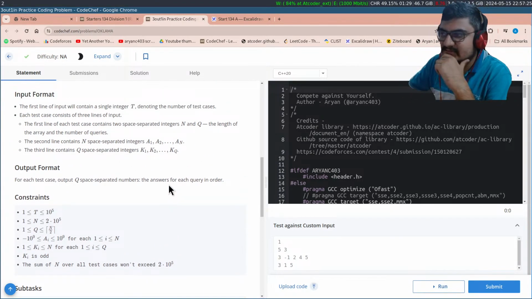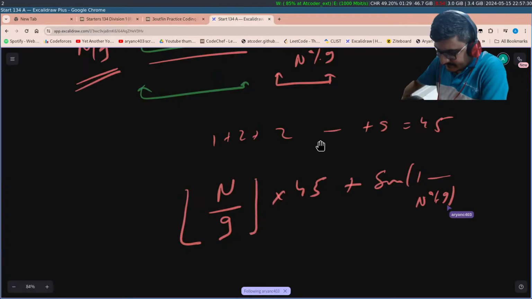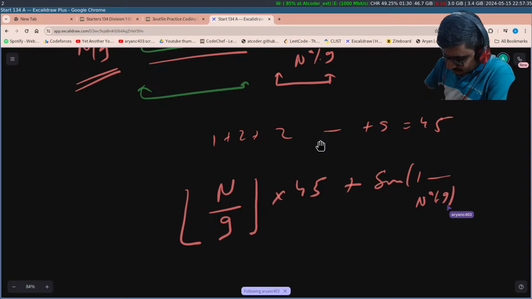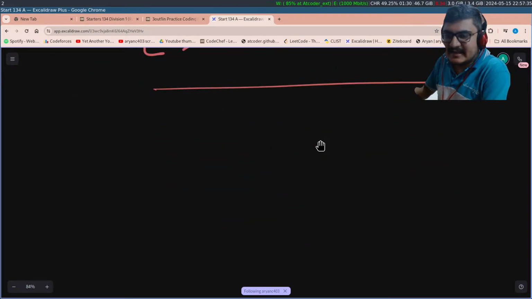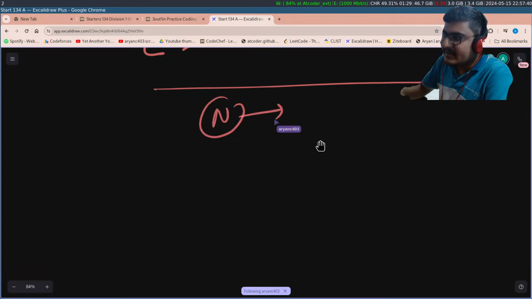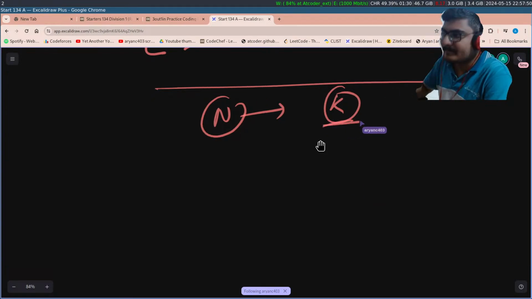So essentially, one thing to notice here was, let's first say that we have n elements, and among them it is possible to multiply k elements by minus 1.